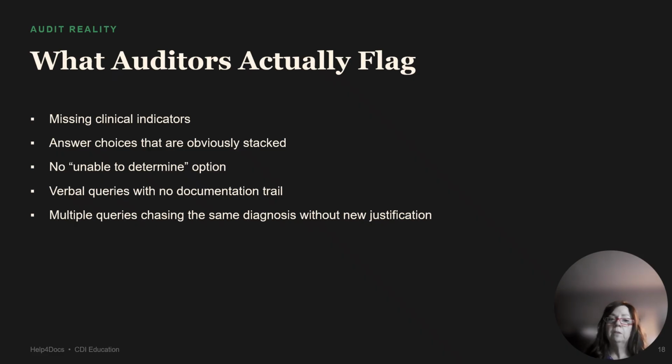So if you build every query with the 5 anatomical pieces that we covered today, then you're already ahead of the game, or ahead of the common things that show up in denial letters.